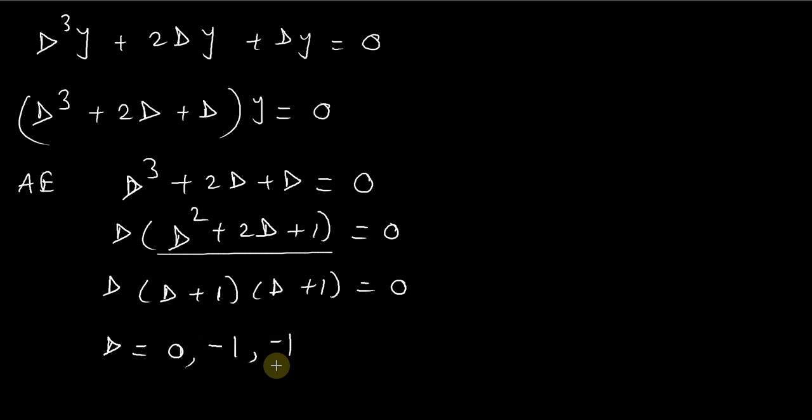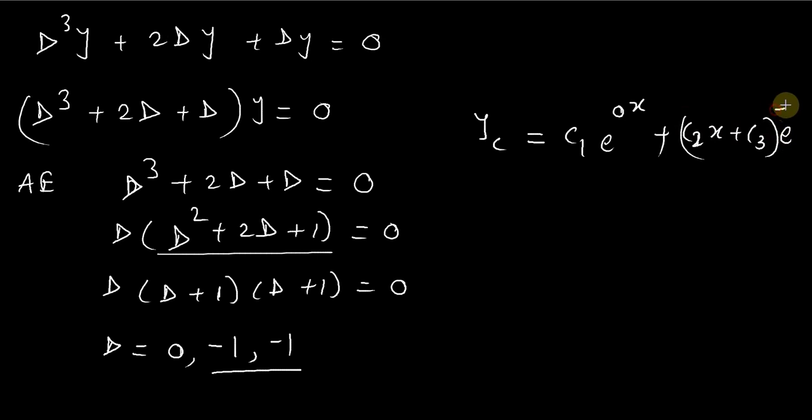All 3 are real, but 2 roots are repeated. So first write down the term for the non-repeated root, c1 e raised to 0x. Then for the repeated part, c2x plus c3 into e raised to minus x.